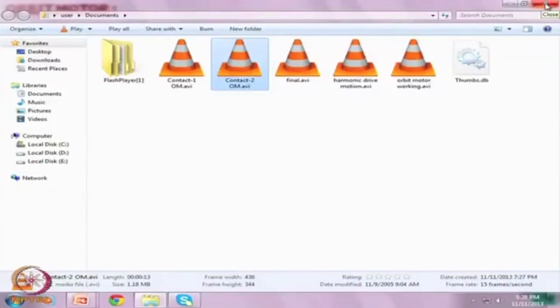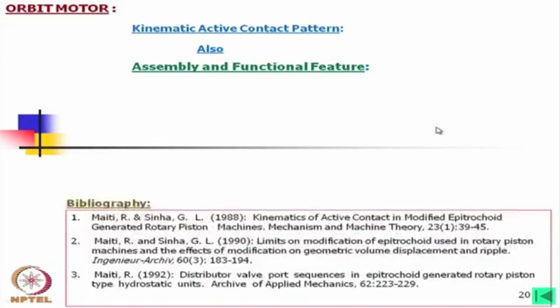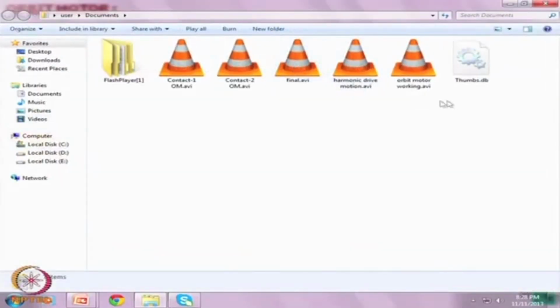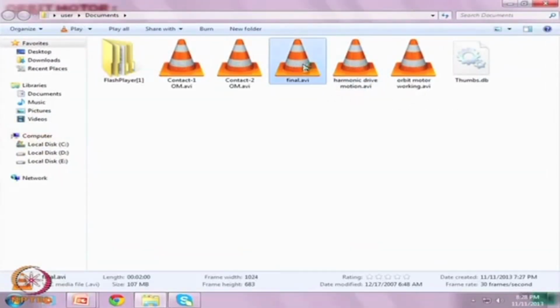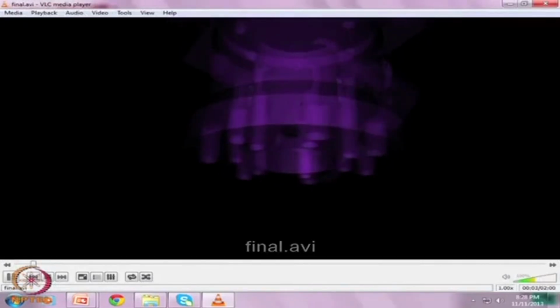Now, the last thing I would like to show you is the assembly and the functional features. If you look into this, this is the body of the orbit motor.